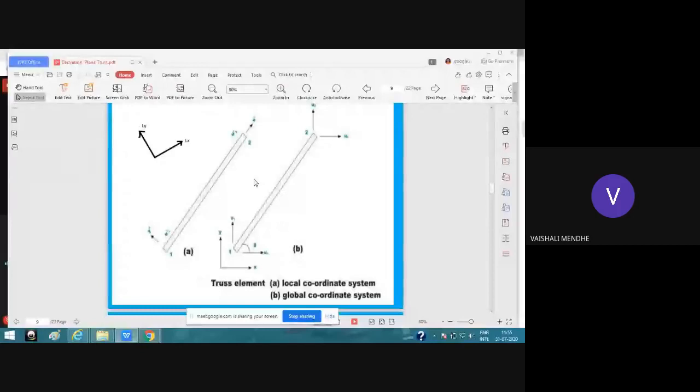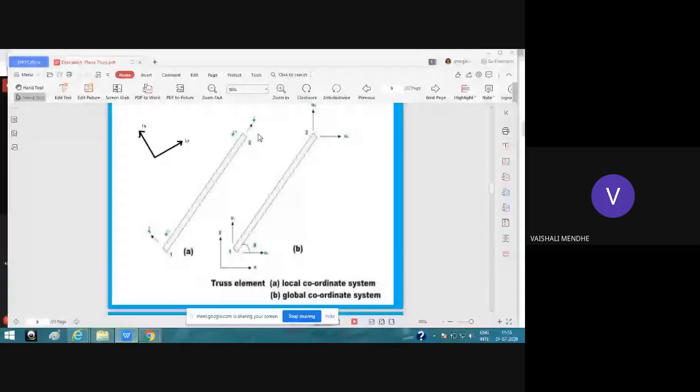In this inclined member, you can see x dash, which is the local x, and y dash will be the local y. Node 1 is the starting node, and node 2 is the ending node of the member.